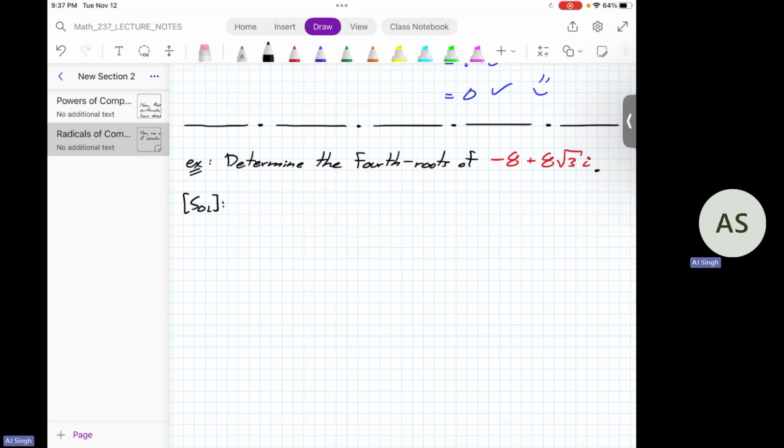In this case, because we're doing the fourth roots, we better have 4 angles. And then step 4 is write all the answers down. So pause the video, try it out. Honestly, this might take you even 15, 20 minutes just to do this question. And that's okay, because it's the first time we're learning it, right? It's going to take a while. And then when you're ready, you can unpause and check out my solution.